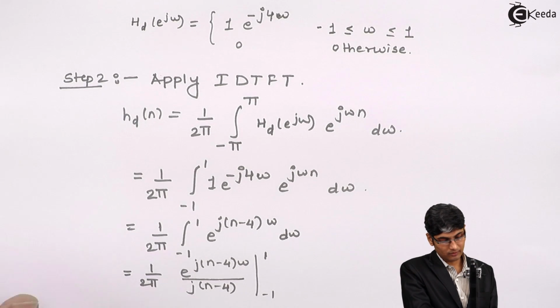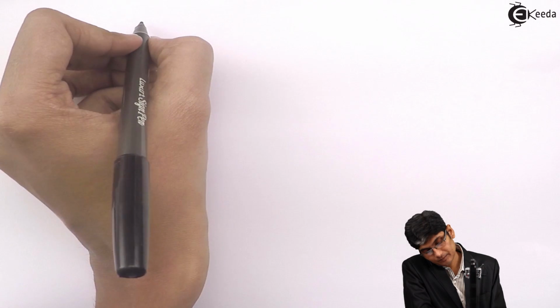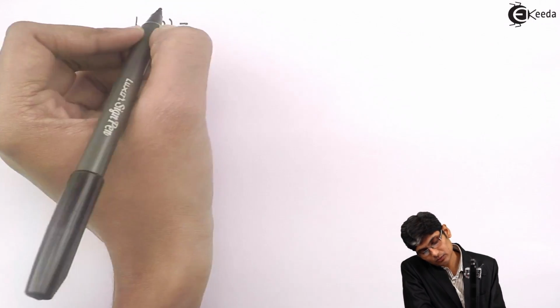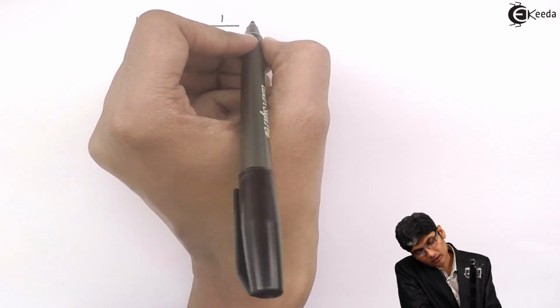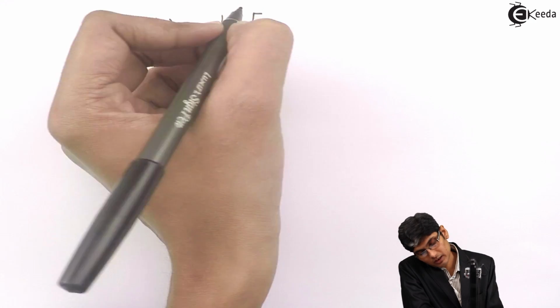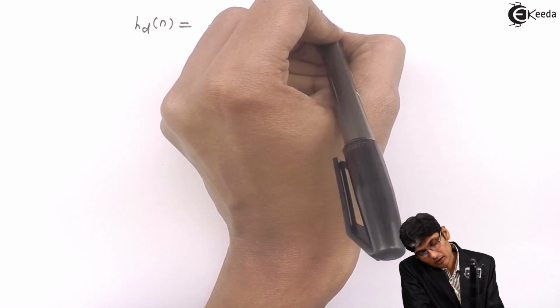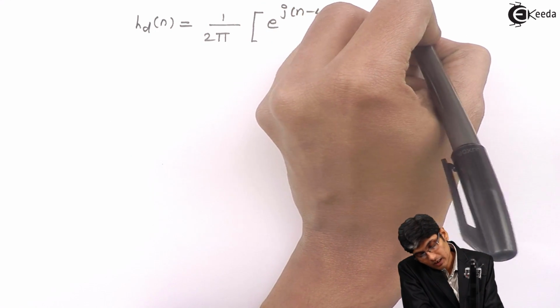Let us substitute the values for the given problem. When we substitute, we get hd of n equal to 1 upon 2 pi. The first value is e raised to j (n minus 4) minus e raised to minus j (n minus 4).